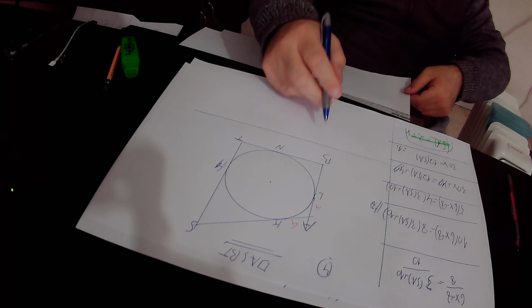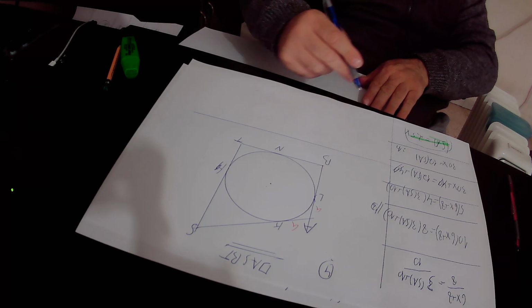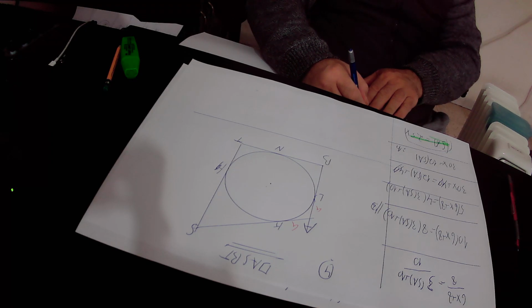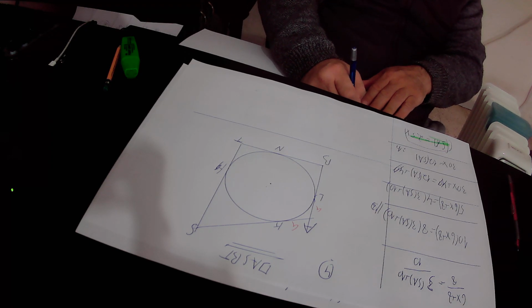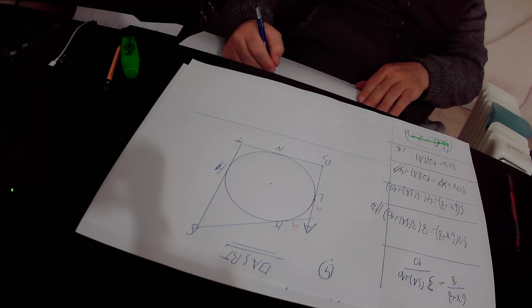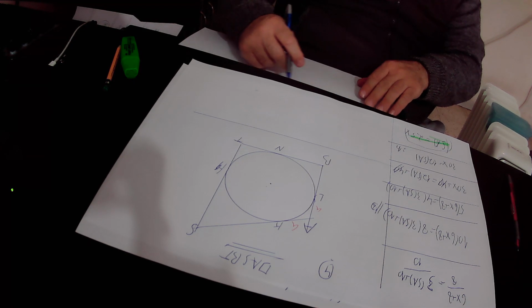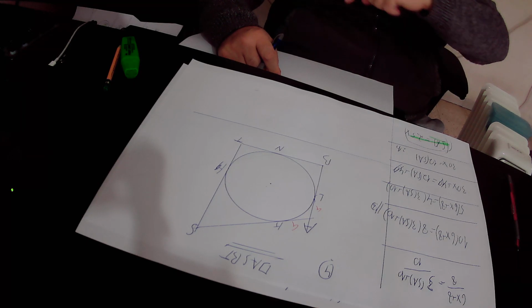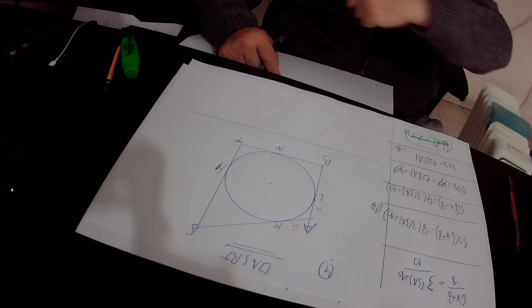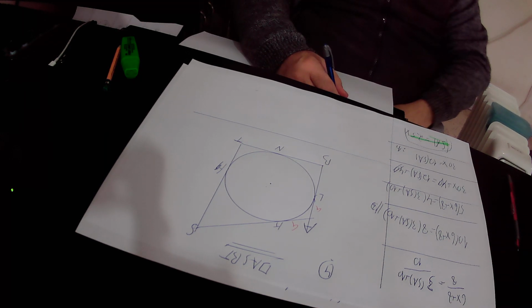In the next step, we'll focus on the common external point, point B. From point B, we have two tangents to this circle, tangent BL and tangent BN. According to rule 2, they are equal to each other.